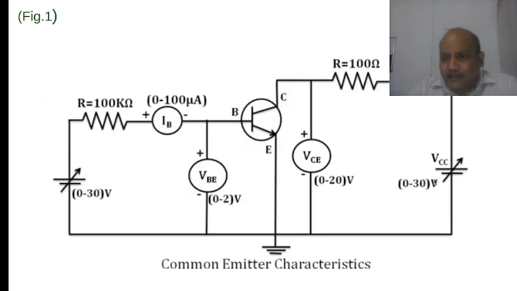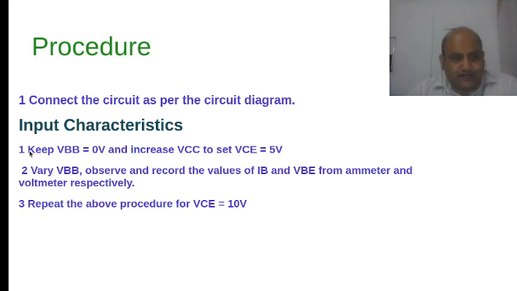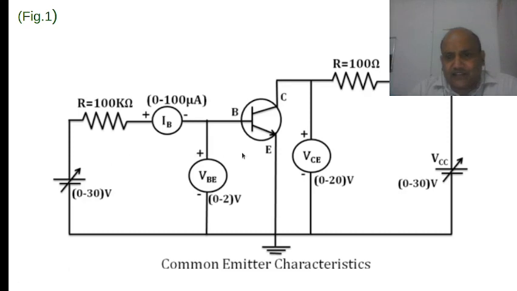We will increase this VCC in such a way that the VCE reading is 5 volt. The meaning of this first step is this one only. Then, by fixing VCE at 5 volt and adjusting some value of VCC, we now change this input voltage to some value.